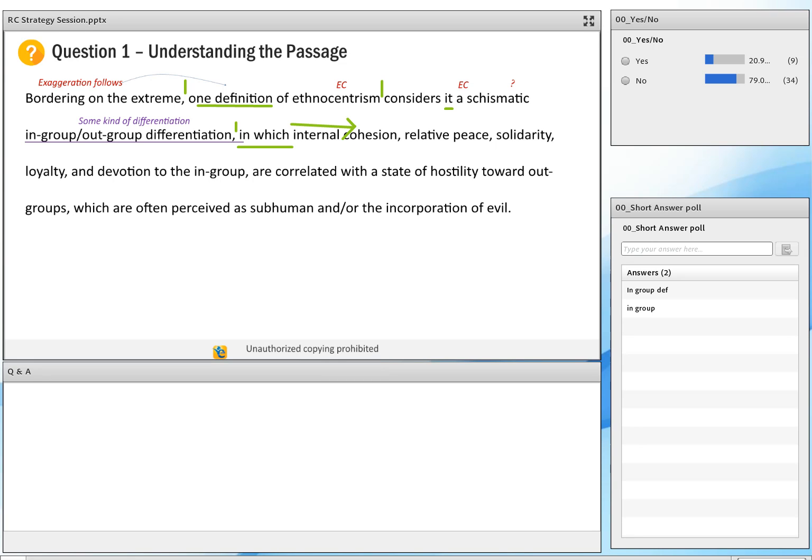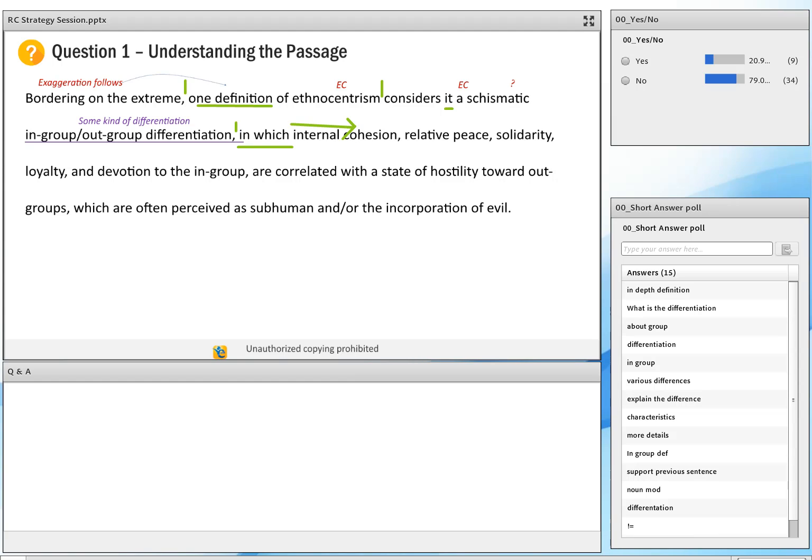It's going to explain the differentiation, not the definition. It is going to explain to you the differentiation. Absolutely.